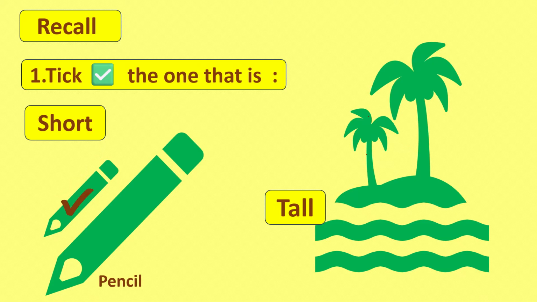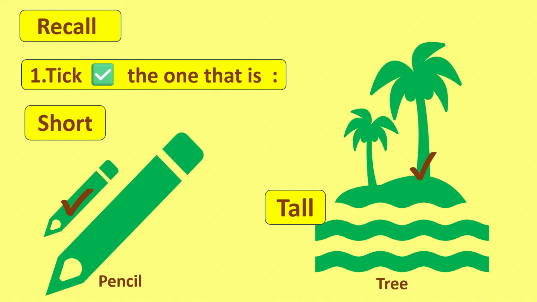So I'm just removing the tick and we just look at it. Look at here. It's the spelling of tree. So which one is tall here? Our second figure, like that one. So we tick on our second tree.